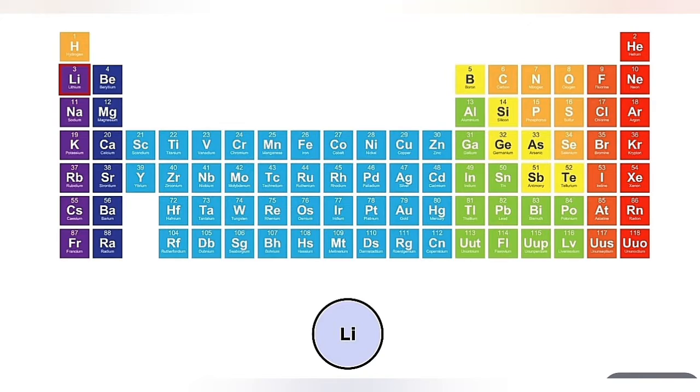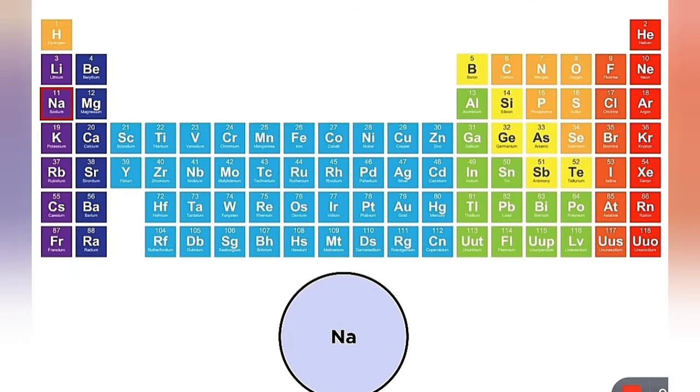There are some periodic trends that we can recognize when we look at the periodic table. The first one is atomic radius, or the size of an atom. As we proceed downward on the table, atomic size increases because we add shells.